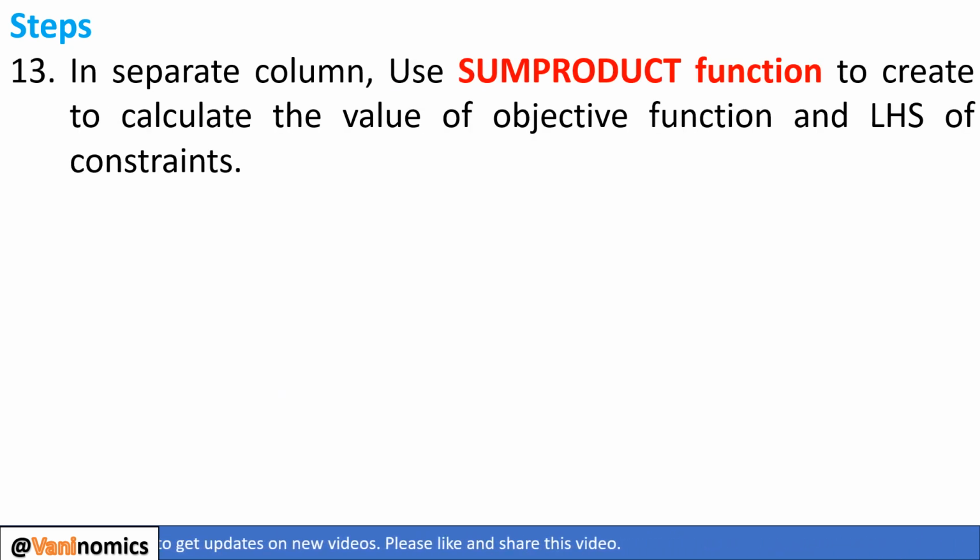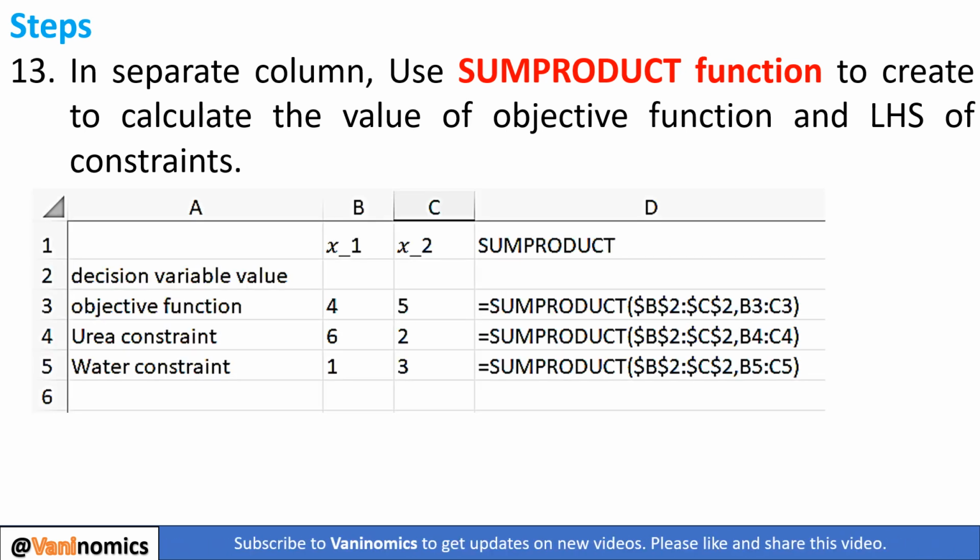Then next, in separate column use sum product function to calculate the value of objective function and LHS of constraint. And here you see I have created sum product in the first row, D column, and I write a function sum product to multiply 4 with the value of x1, 5 with value of x2 in the objective function row, that is third row.